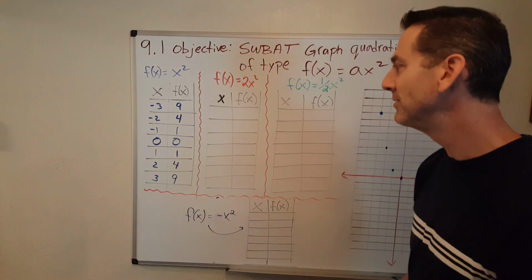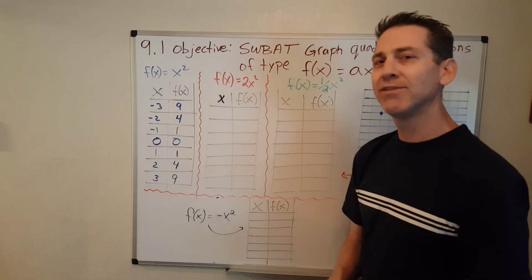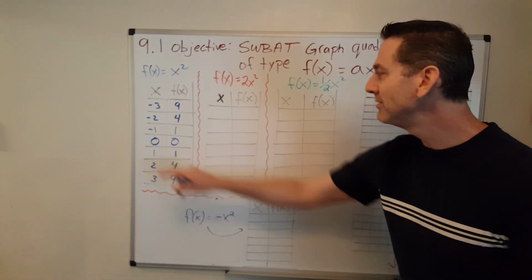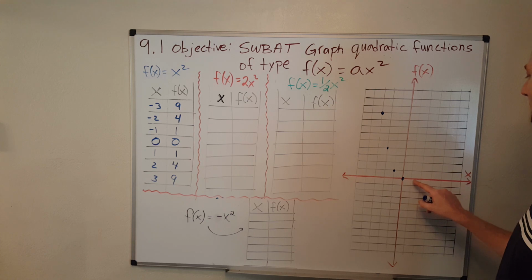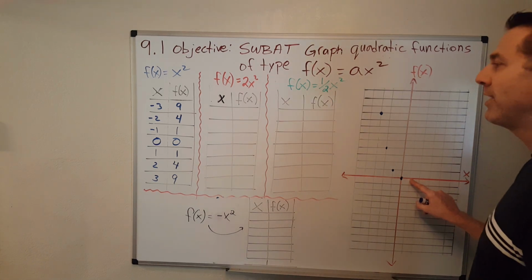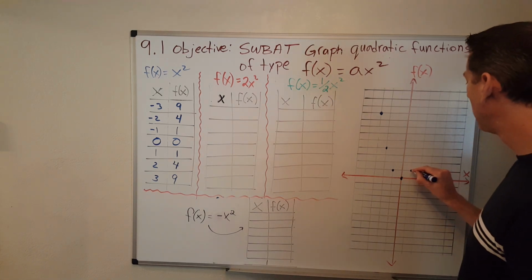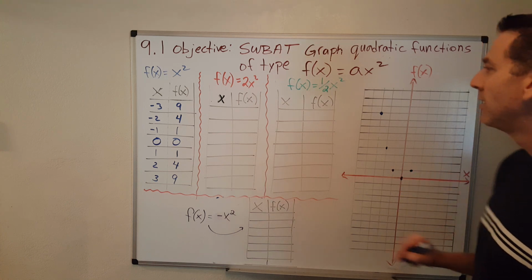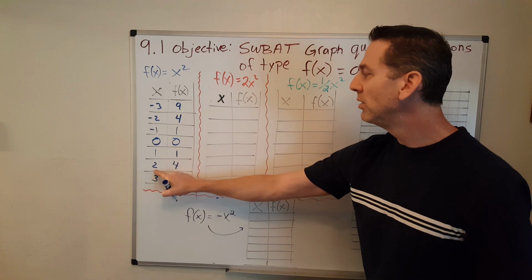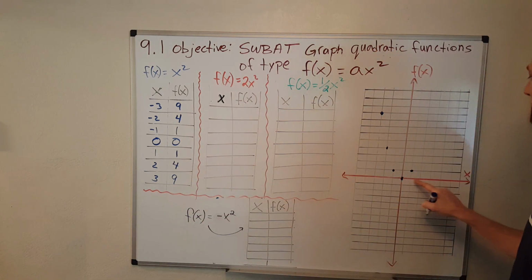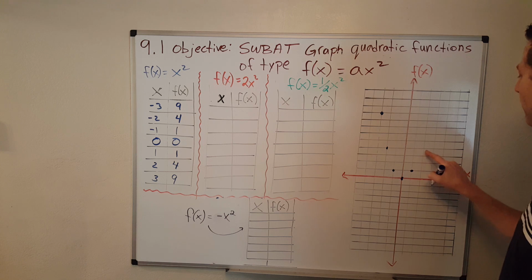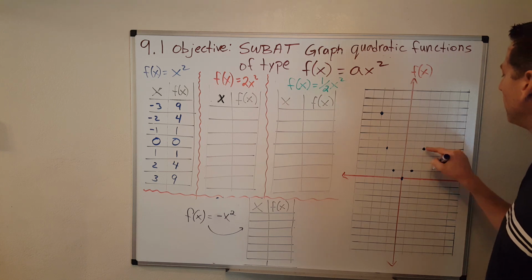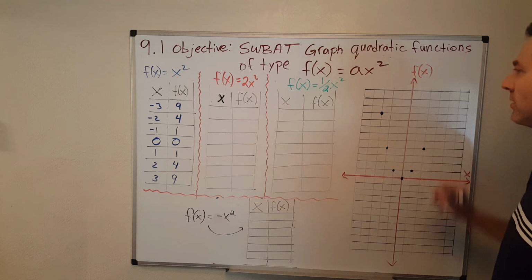Now watch what happens as I go to the positive side of my x values. At x equals 1, which is right here, f of x equals 1. See how that's the same level as the negative side? At x equals 2, f of x equals 4. See how that's the same level as that?